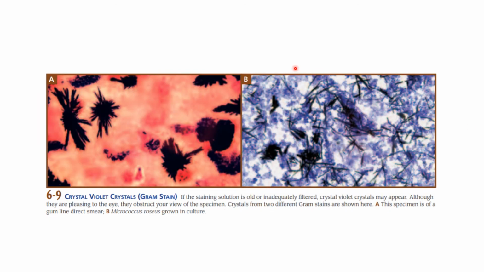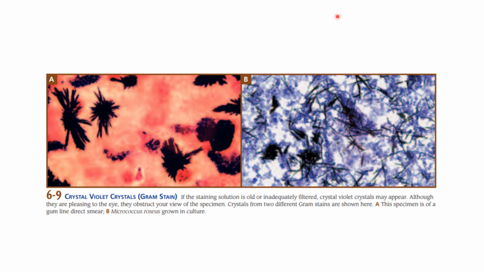Another thing to consider, of course, is the reagent. Sometimes the crystal violet starts to form crystals if the crystal violet stain is old or inadequately filtered. Another thing to consider is the age of your bacterial culture.